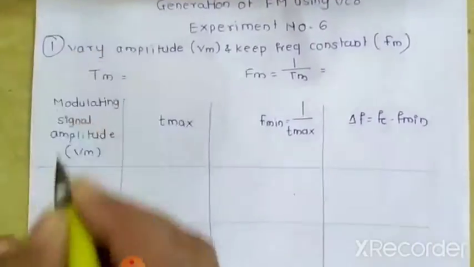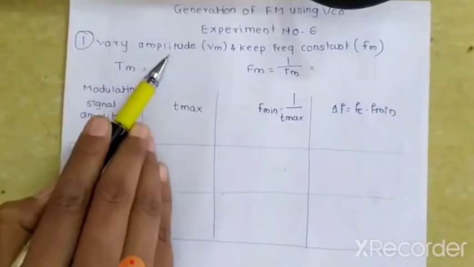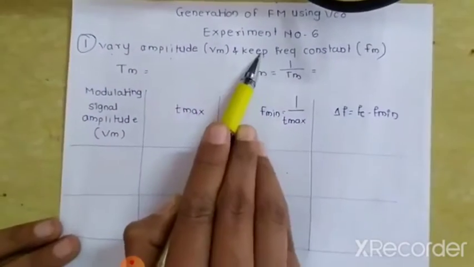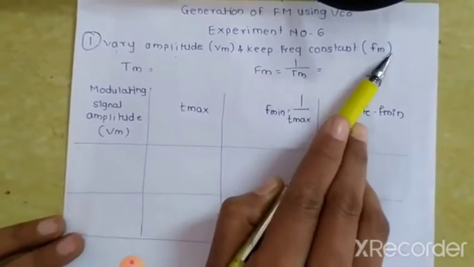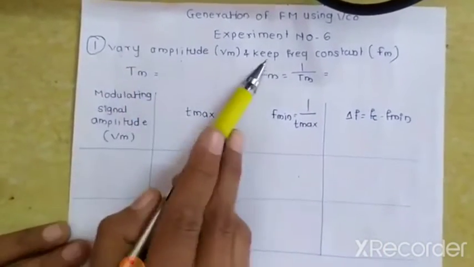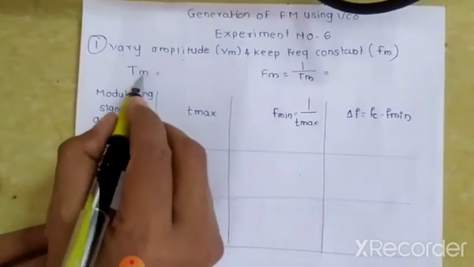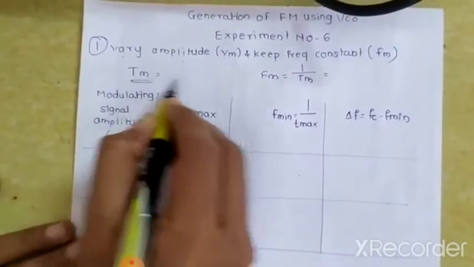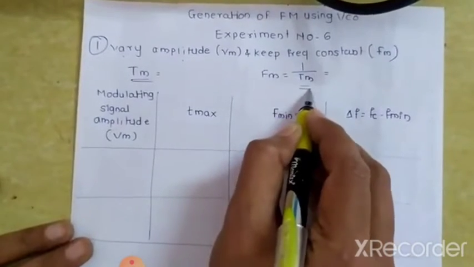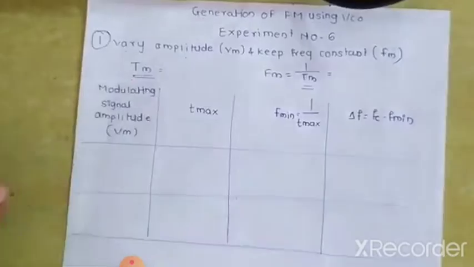Now move to the observation table. In the first observation table, we have to vary the amplitude Vm and keep the frequency Fm constant. First calculate Tm. If you find out Tm, then you can easily calculate Fm, which is 1 upon Tm.